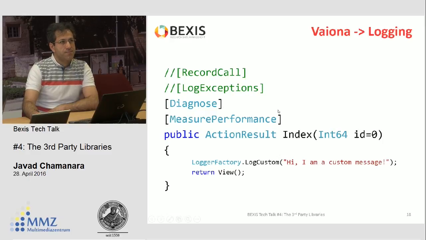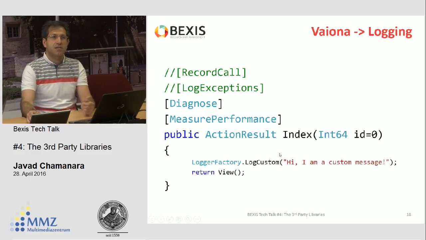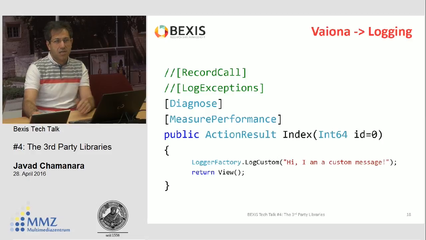Diagnose will also capture the passed values, so that if the index is called with a negative number and then the system crashes, you can find out, okay, in these cases you need to guard here to not accept negative numbers because the system crashed for those.